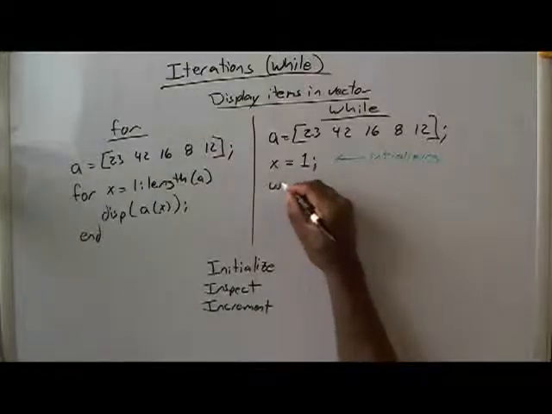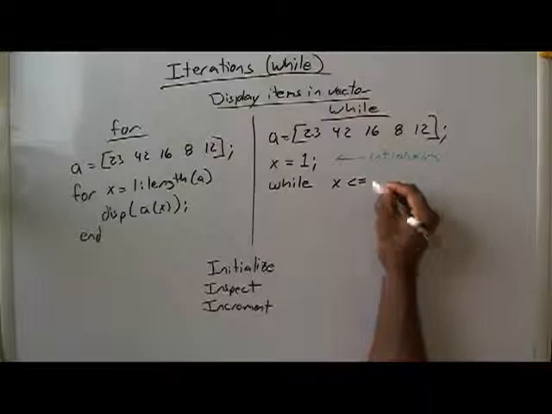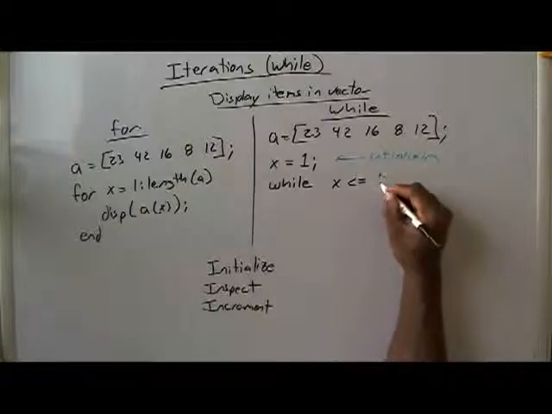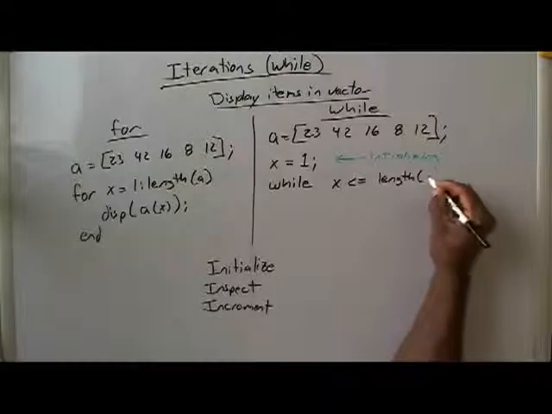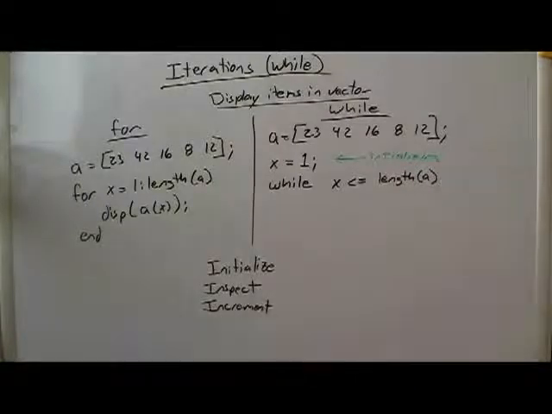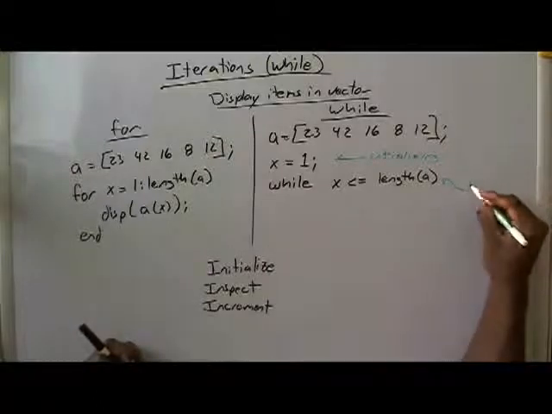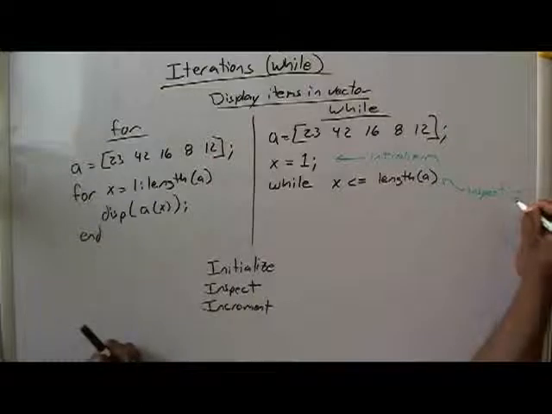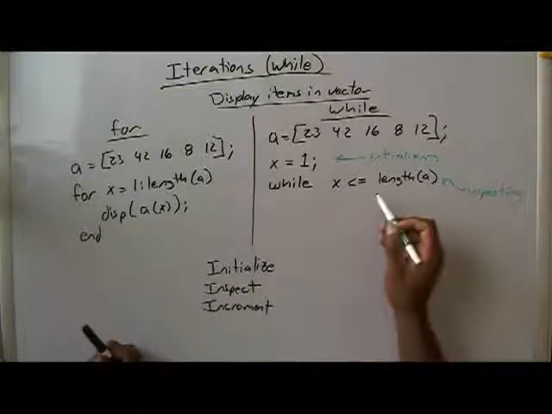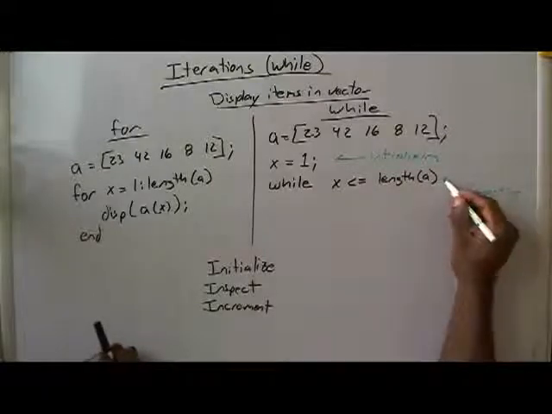Next up we're going to start the while loop, while, and this part of the while loop is actually the inspection: while x is less than or equal to the length of A. We're inspecting our loop variable x to see if it has reached our terminating condition yet, telling us when to stop.